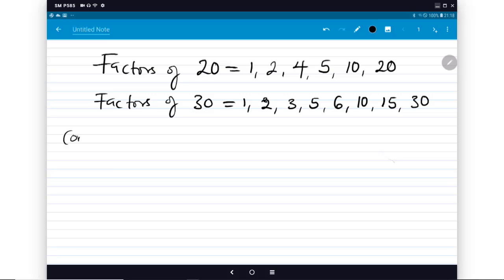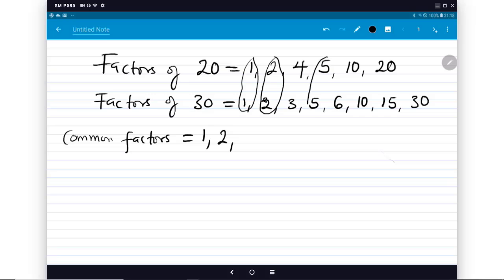Now, the common factors of these two numbers are 1, as you can see, we have 2, we have 5, and we have 10. Now the highest common factor is 10.